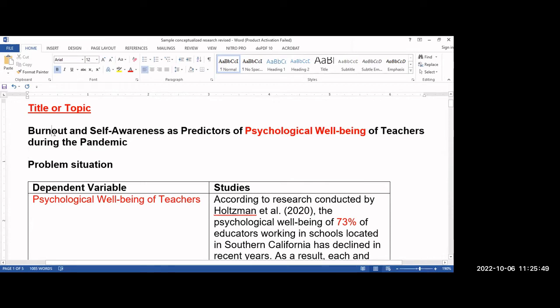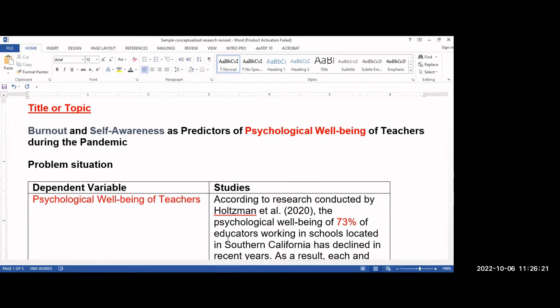The independent variables are burnout and self-awareness. So we have two independent variables and one dependent variable, which is the psychological well-being. If psychological well-being is the dependent variable, you focus the problem situation on psychological well-being, because the problem or issue under study is the dependent variable.